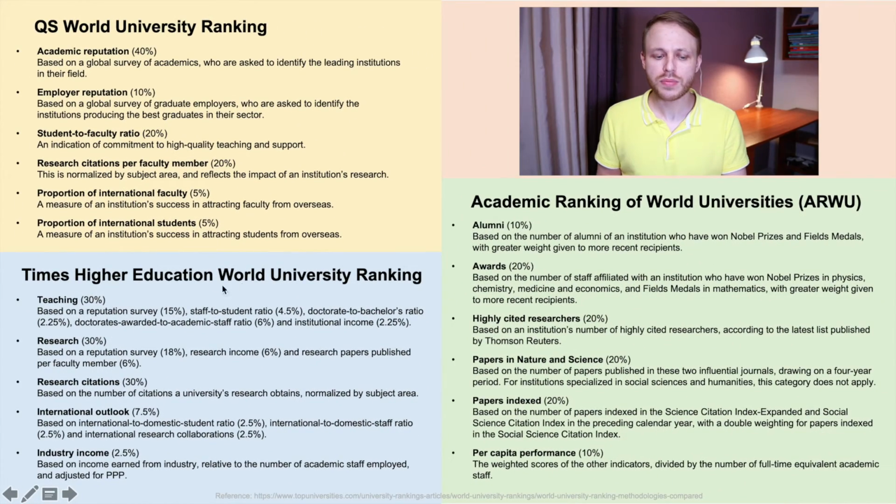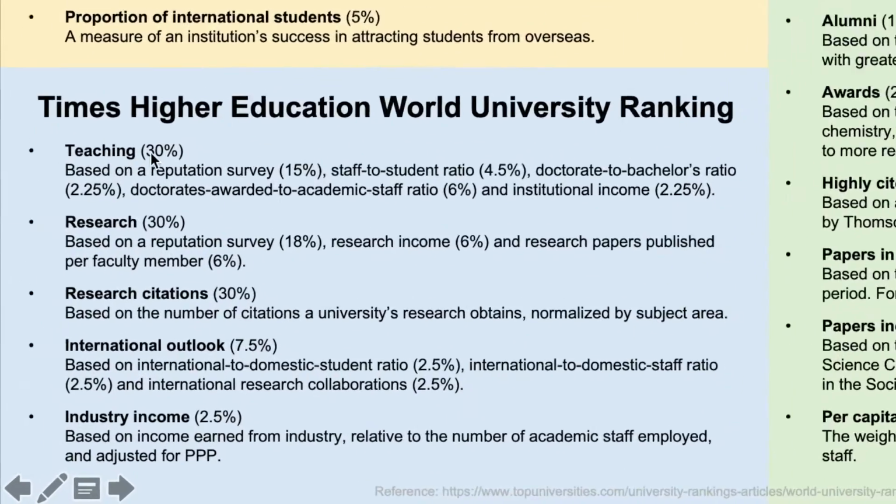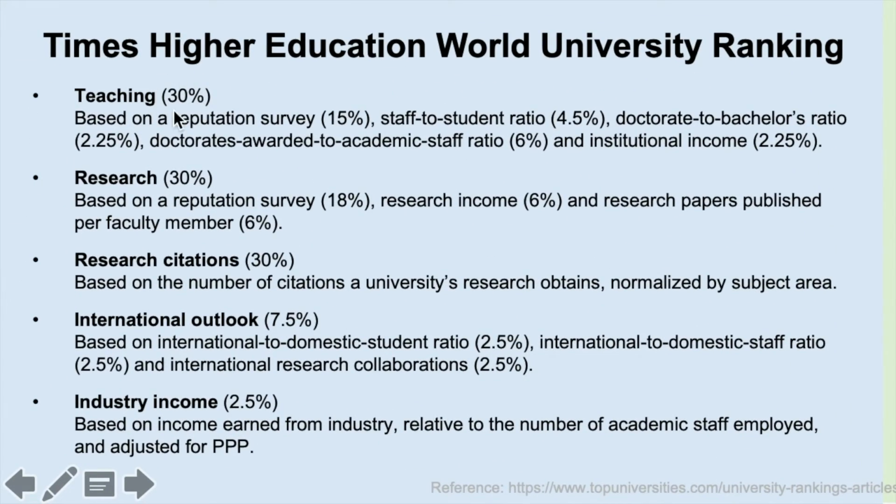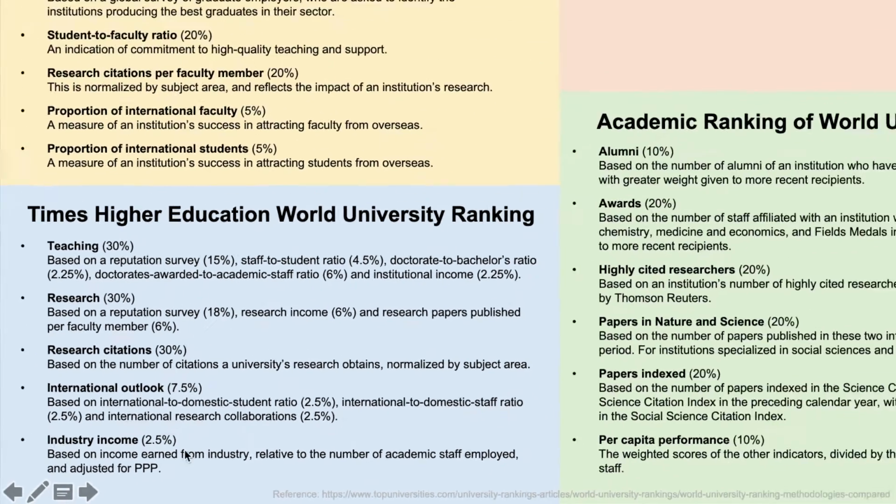And if you look at the Times Higher Education World University Ranking, you can see that teaching here makes 30%. And there are some more details which then make these 30%. Then research citations, international outlook, and industry income.